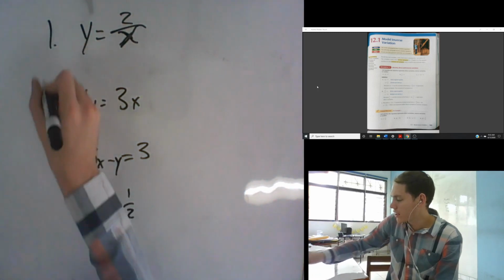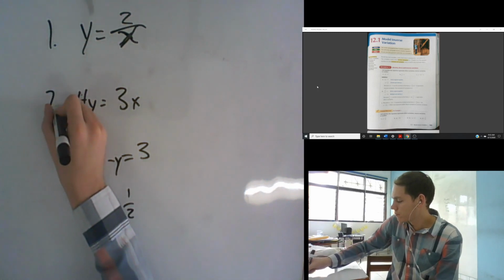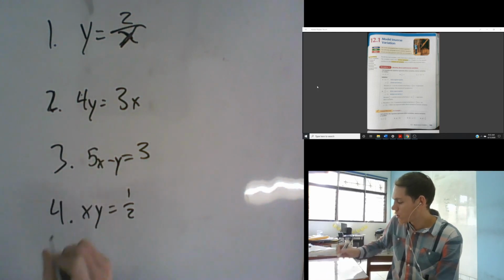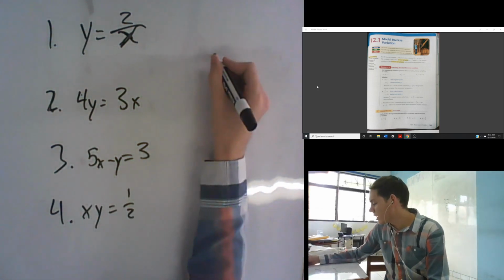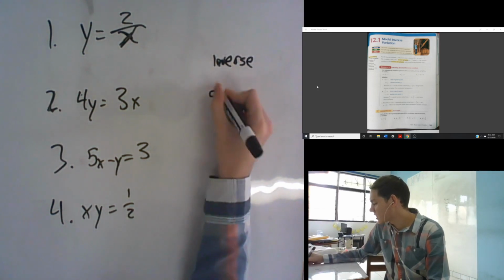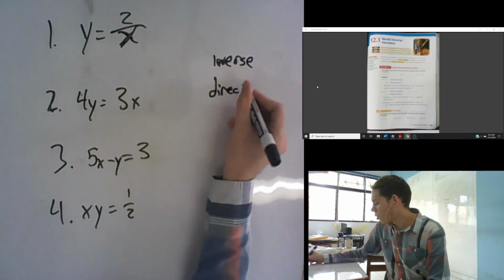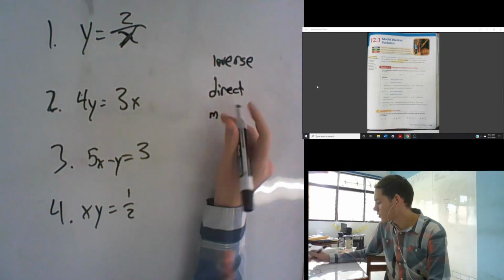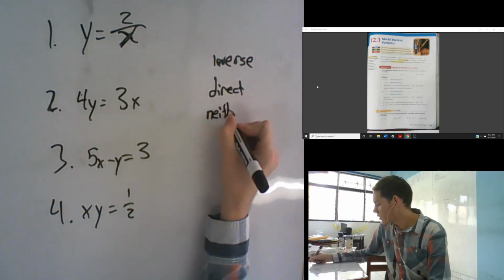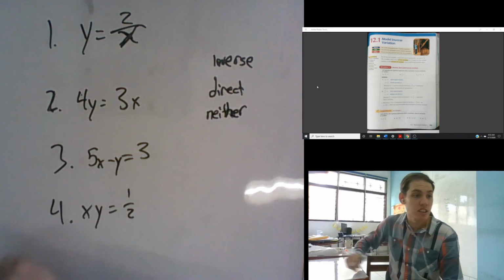So this is 1, 2, 3, and 4. Tell me which one's inverse, direct, or neither. Tell me which one's which.